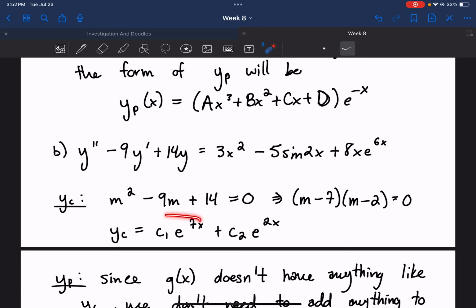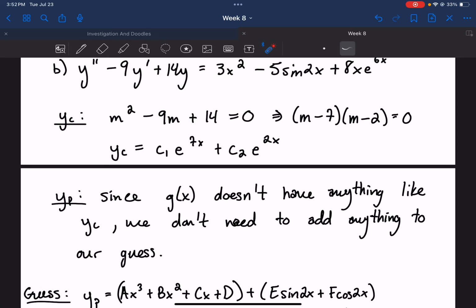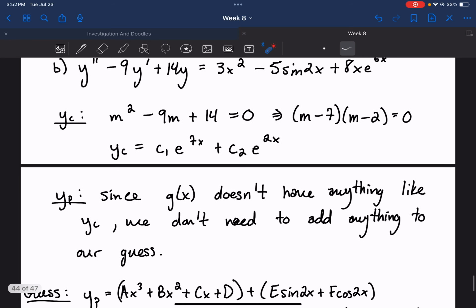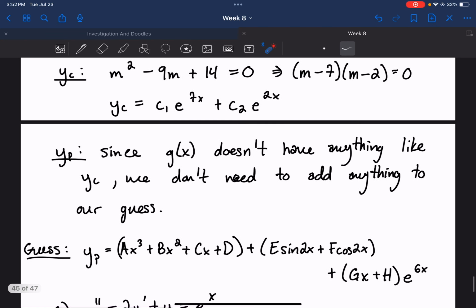There's no e to the 6x's in here, only e to the 7x and e to the 2x. So I think I'm good to just pick something that looks like this, right? I'm going to pick a quadratic polynomial. Why did I pick a cubic? Oh no, this should be a quadratic guess.